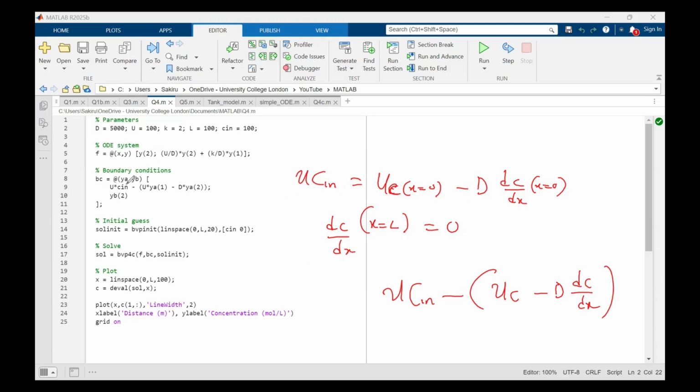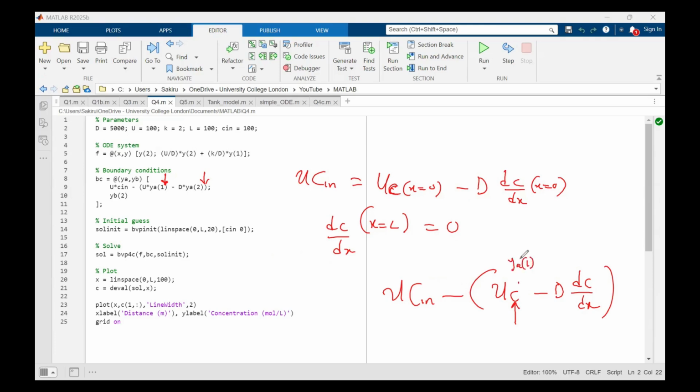And you know that, similar to what we did before, YA, YB, the first derivative will be Y2, then C will be YA for the boundary condition. So that's why this C is written as YA1. This is at the inlet.